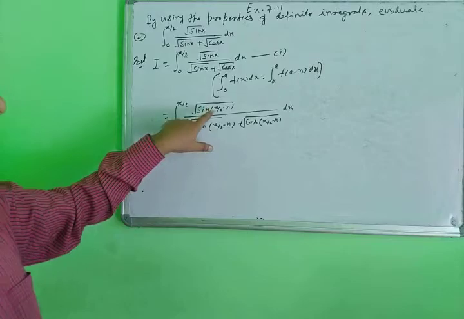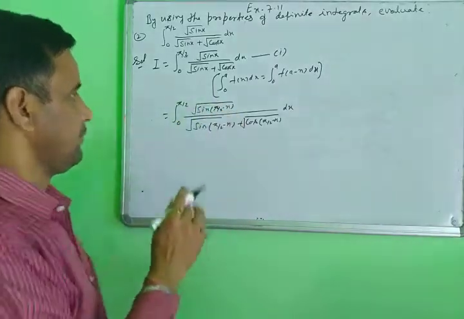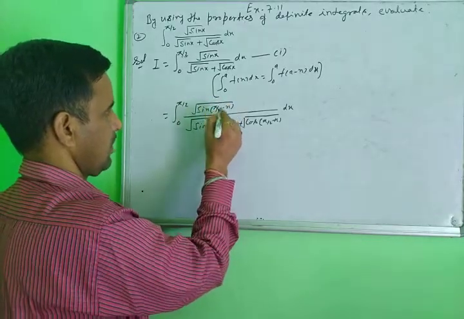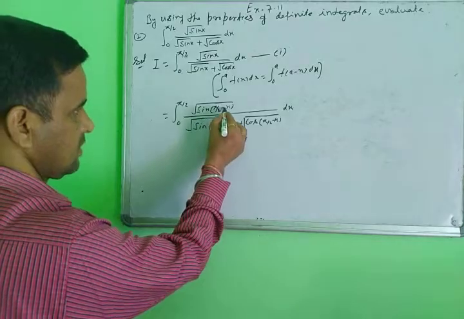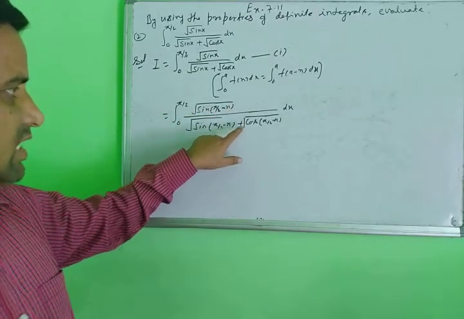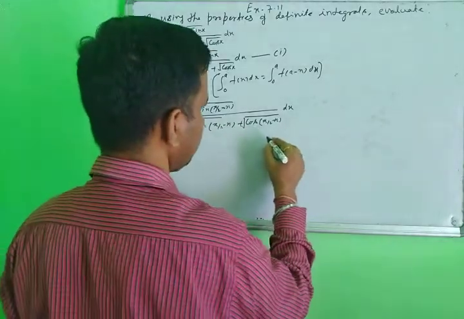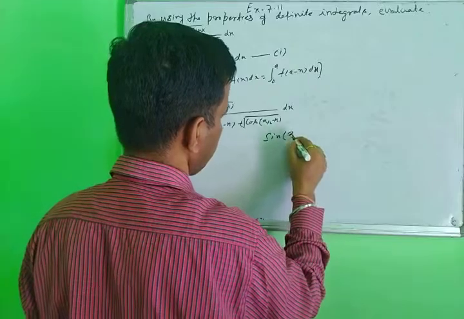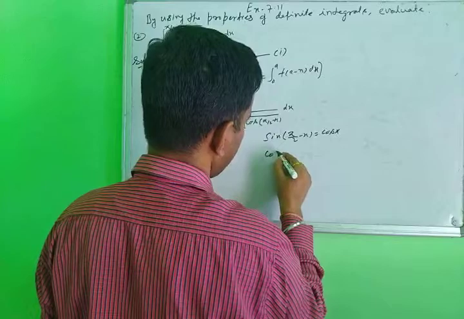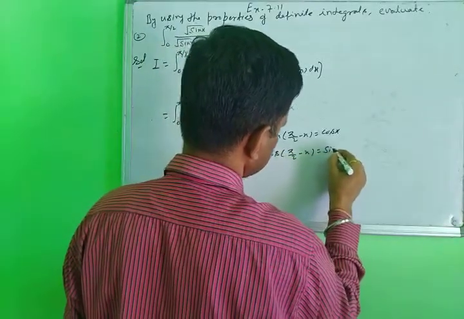According to this property, sin (pi by 2 minus x) equals cos x and cos (pi by 2 minus x) equals sin x.